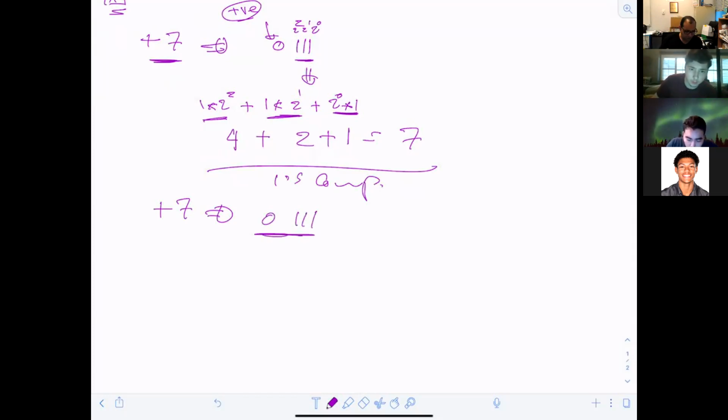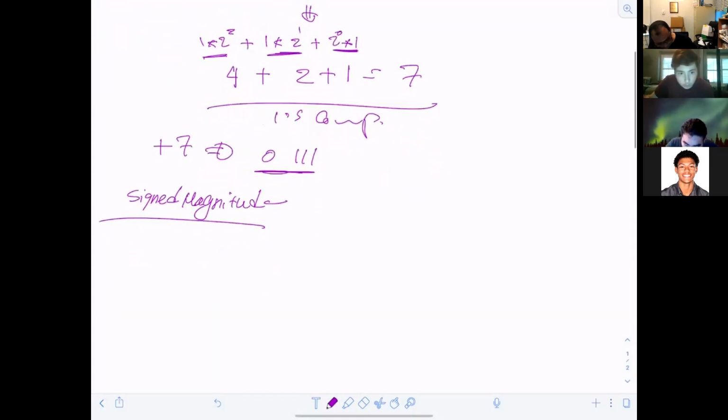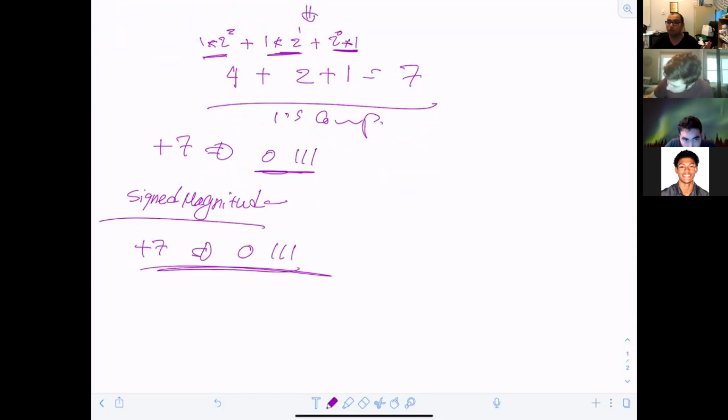Then if somebody asks what is the sign magnitude of +7, it's also the same number, 1, 2, 3. That's a general rule: if it's positive, you don't care about 2's complement. Sounds good? If you remember, the 2's complement, we use it for subtraction, and we did this multiple times.